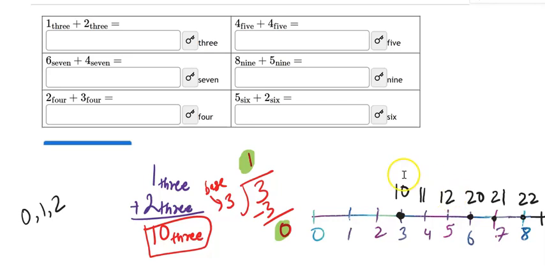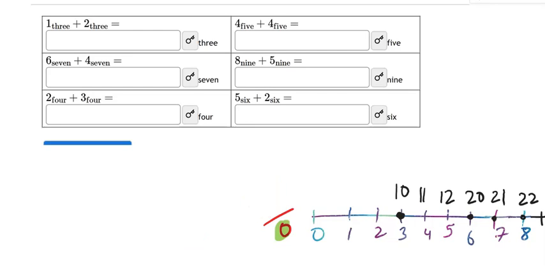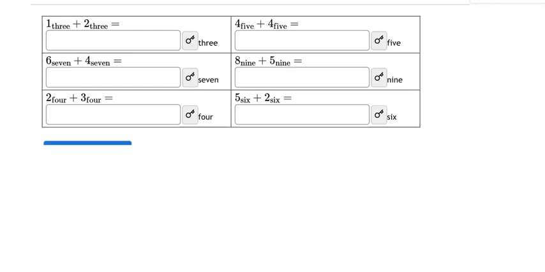So either you can make a chart like that, or you can just divide to change to the given base. So this is the first question in this list. This is going to be 1 0 base 3. You don't have to type the base here because 3 is already there.